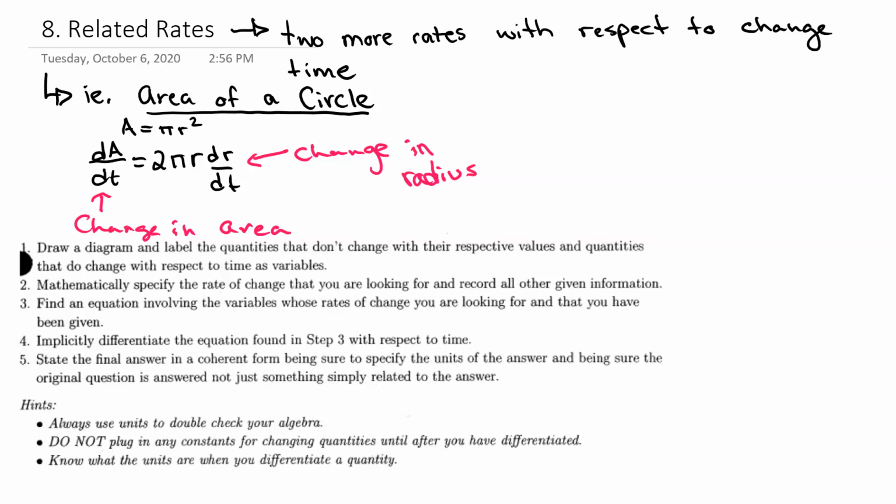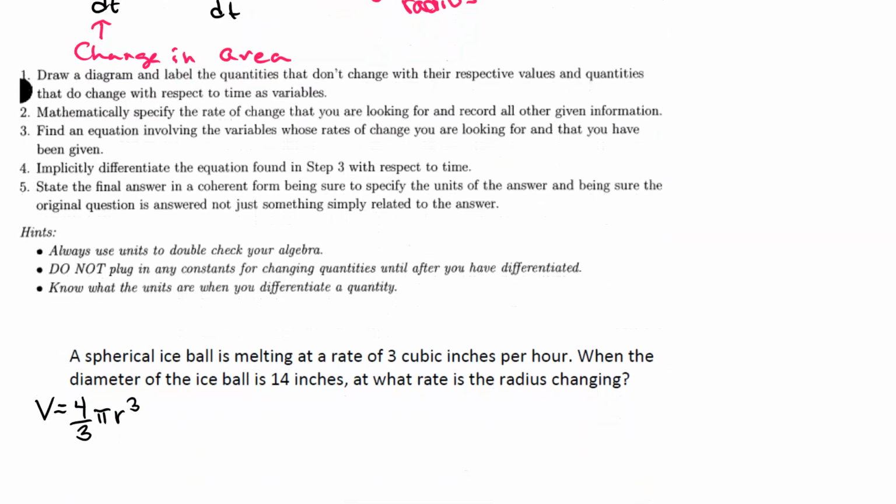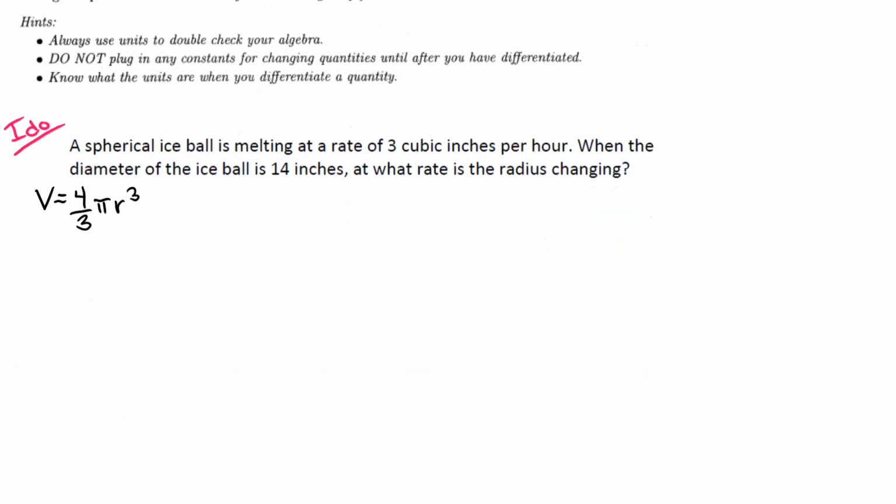We're going to differentiate that equation, and then we're going to substitute and solve for the quantity that we're looking for. So I've got a few examples we're going to look at as our I do's today, and then I've got quite a few that will be our practice, and then a few for you guys to try out.